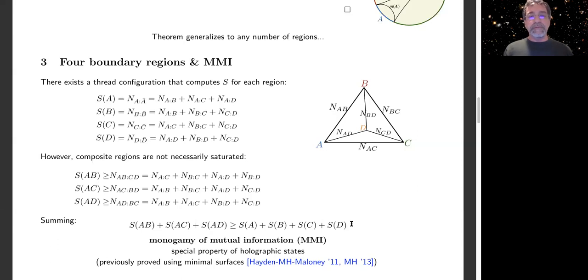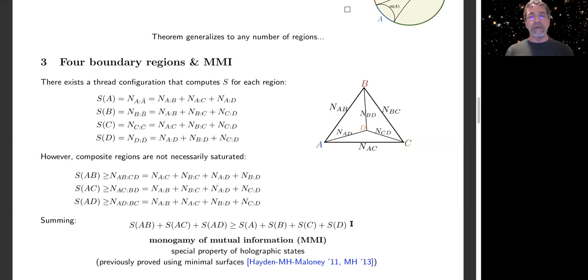What's interesting about this inequality is that, unlike, let's say, strong subadditivity, this inequality is not a property of general quantum states. So this inequality does not constitute any kind of a consistency check for Ryu-Takayanagi. Rather, it's a new prediction about holographic states from Ryu-Takayanagi that they obey this inequality, which is not true for general quantum states.